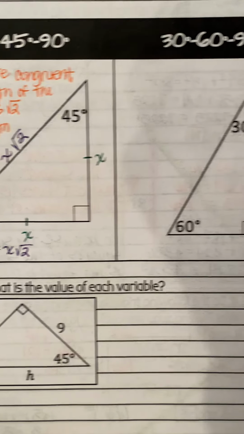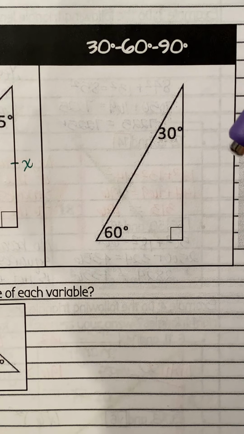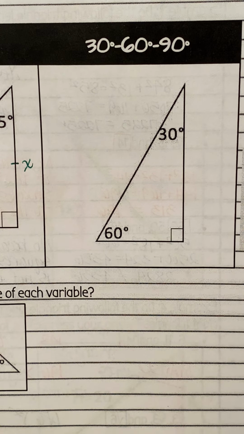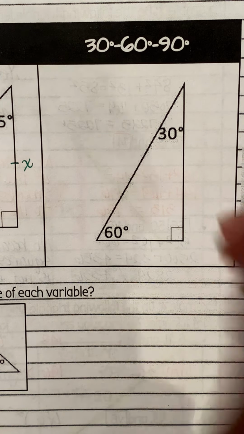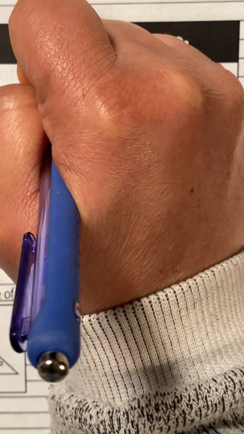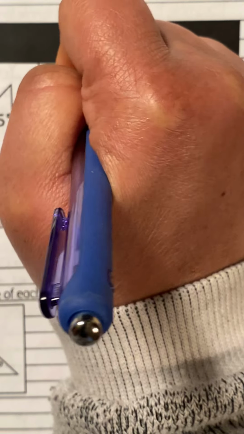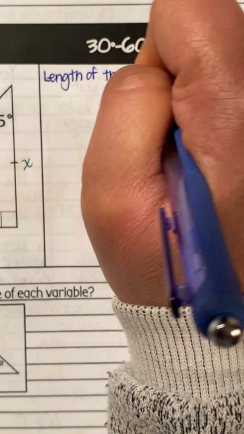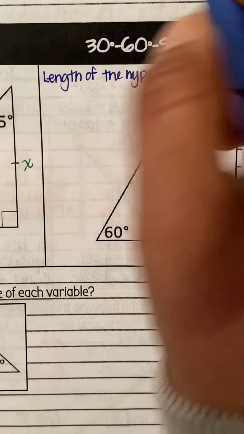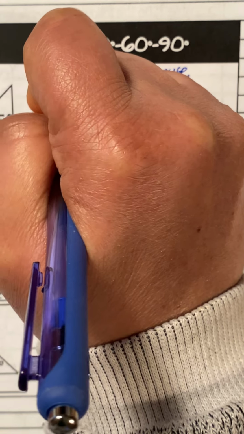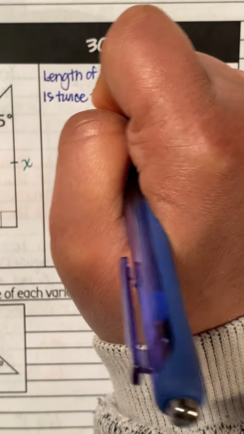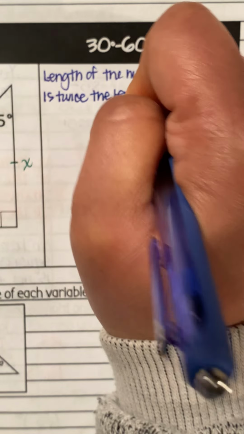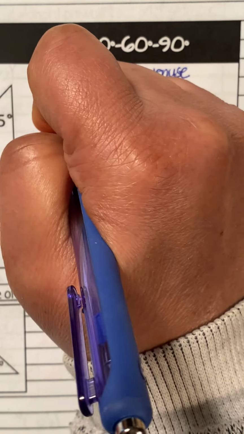All right, moving on to the 30, 60, 90 degree triangle. In this triangle, we know that the length of the hypotenuse is twice the length of the shorter leg.